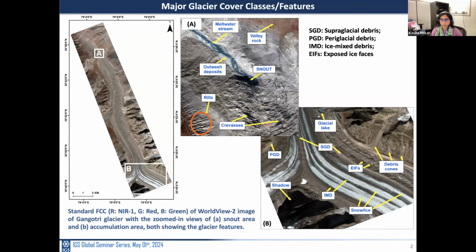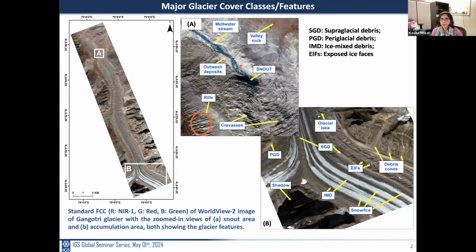These are the fractures on the glacier surface, and they really pose a problem for field expeditions and other travelers. Then there is one feature called rills. This is a narrow channel formed on the debris cover by flowing water, and these rills form the main drainage channel for the debris cover glacier.